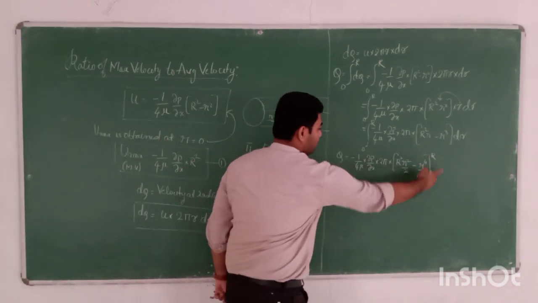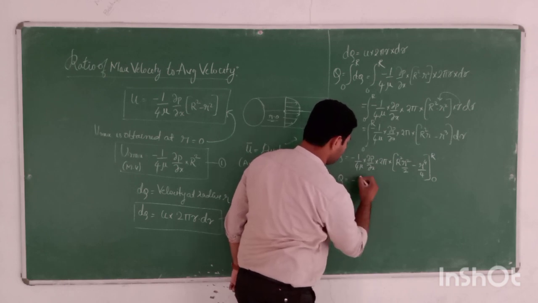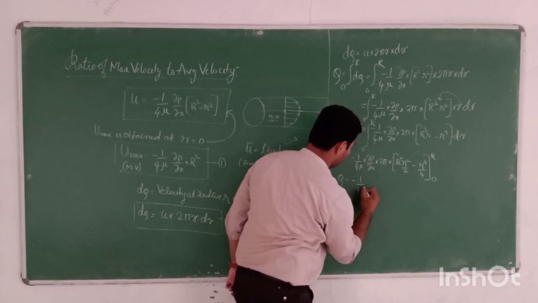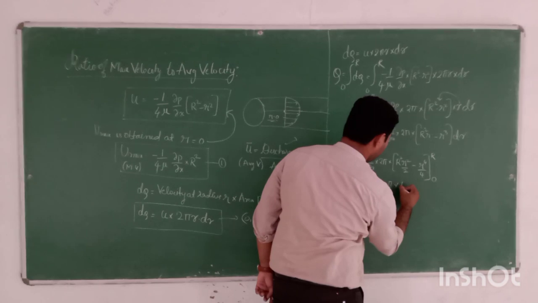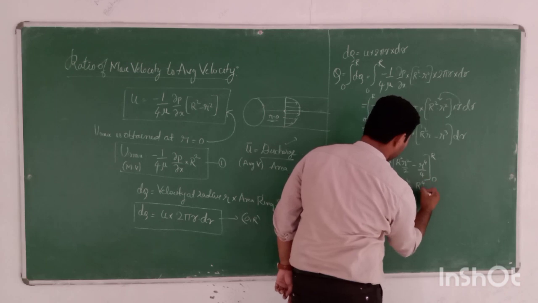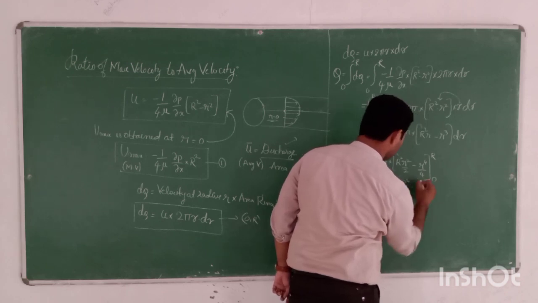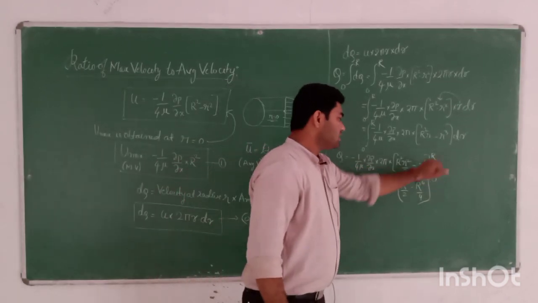So now if we open these limits, Q is equal to 1 by 4 mu into dP by dx into 2 pi into, we get r to the power 4 by 2 minus r to the power 4 by 4 on opening this limit.